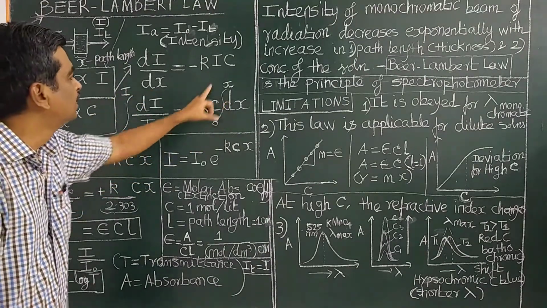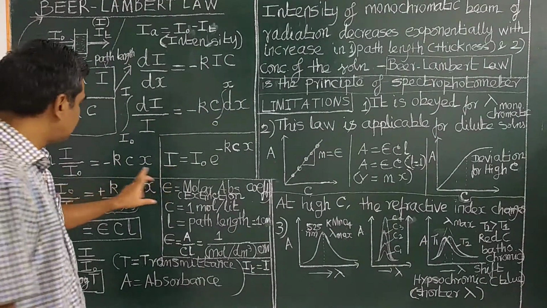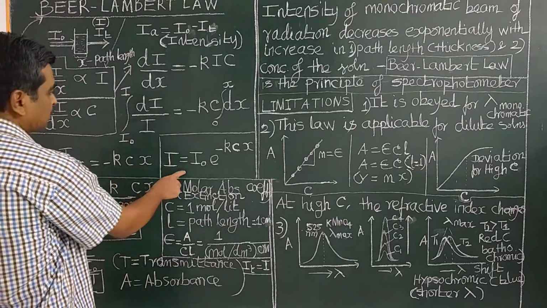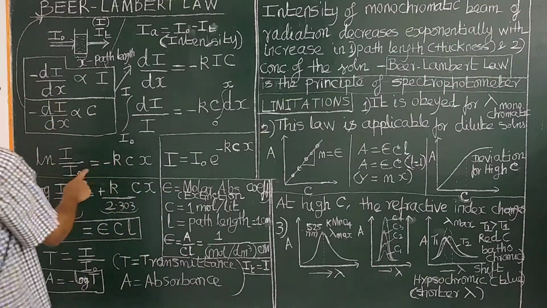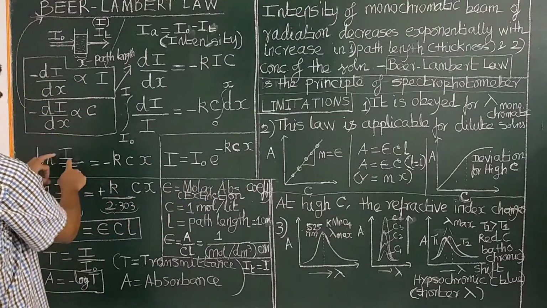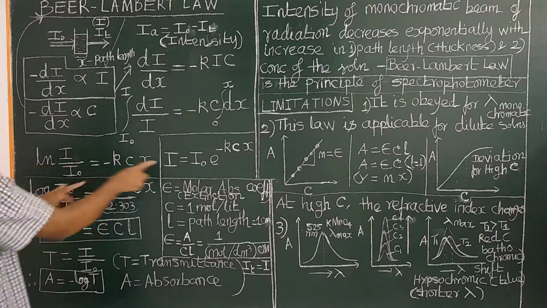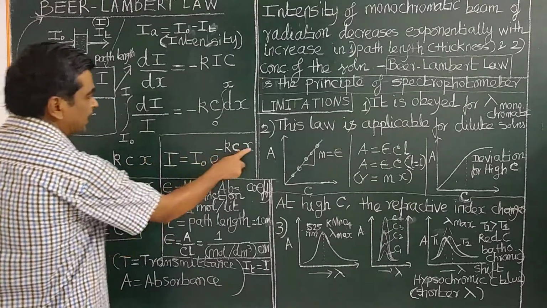This form can be converted into exponential form, that is, I equals I0 exponential of minus kcx.